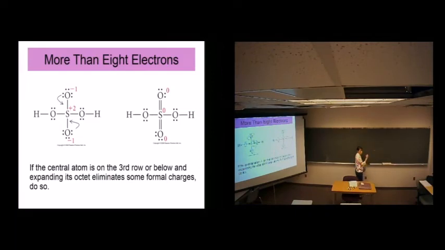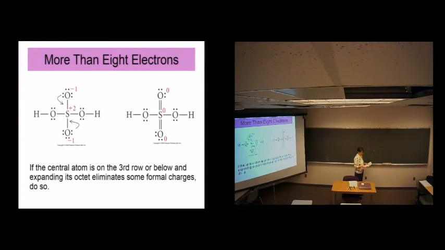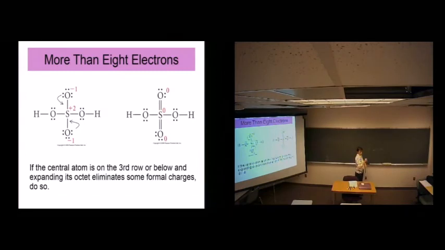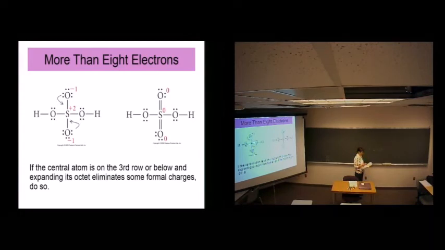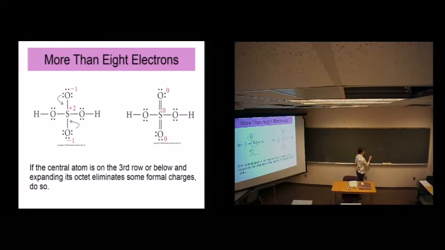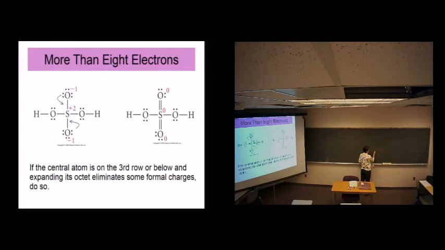I put 4 in the bonds, so subtract 4. That gives me 18. Now what's the next thing you're going to do? 12 around the peripheral atoms. So 18 minus 12 is 6. And what do I do with those 6? They go on the central atom. So 1, 2, 3, 4, 5, 6.